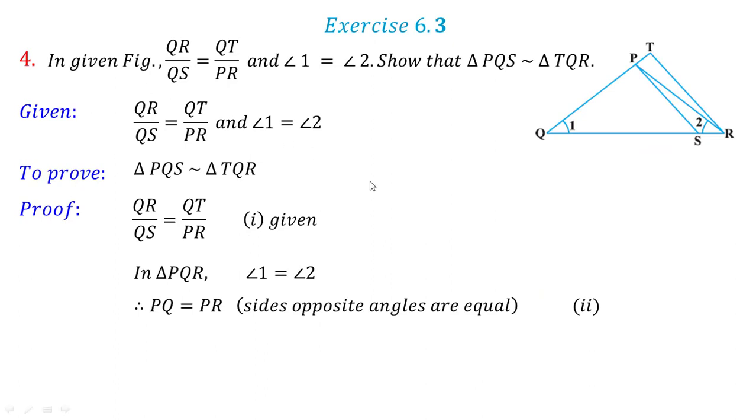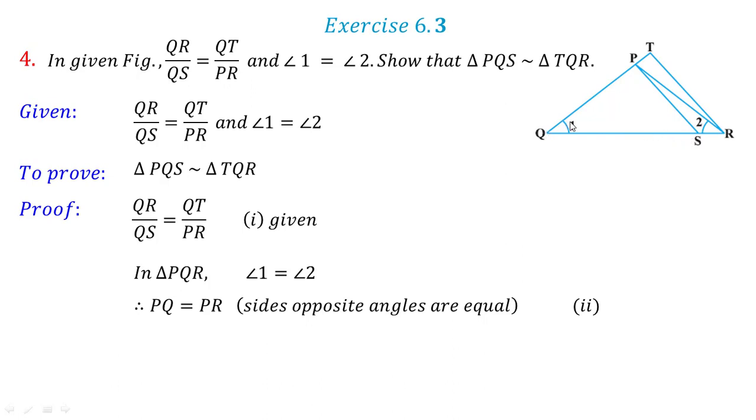Now let us see this fourth question. Here it is already mentioned that QR upon QS, in the diagram, QR this whole side upon QS this side is equal to QT upon PR, and second, angle 1 is given equal to angle 2.